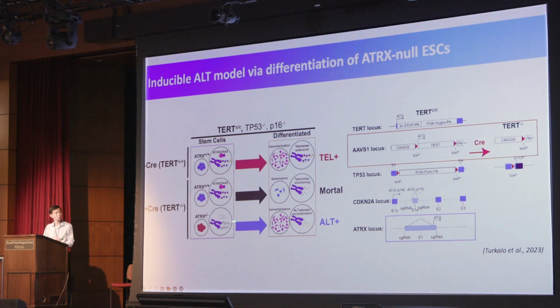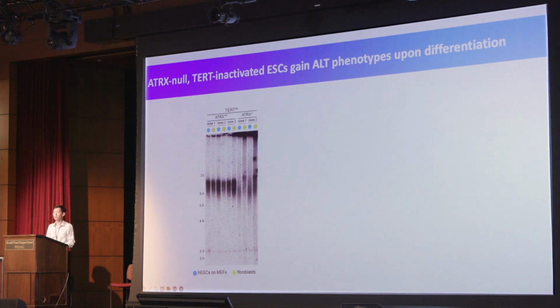However, our model is that with the HRX knocked out, upon differentiation, we found that they specifically induce ALT, and this is all shown on the next slide. So this is a TRF, which I explained earlier, where you have wild-type HRX in the ES state, and upon differentiation, they do not change the telomere length profile.